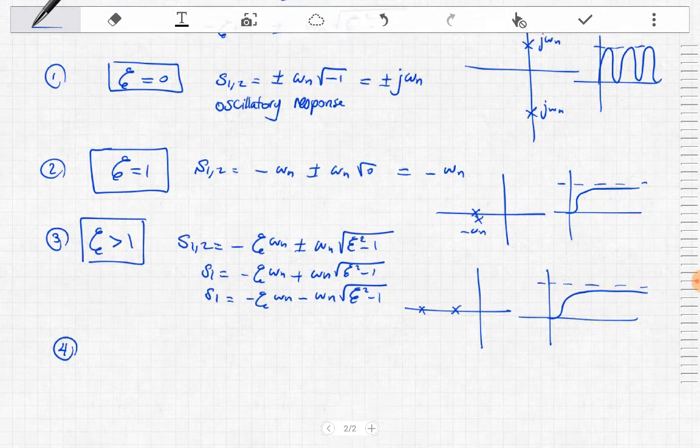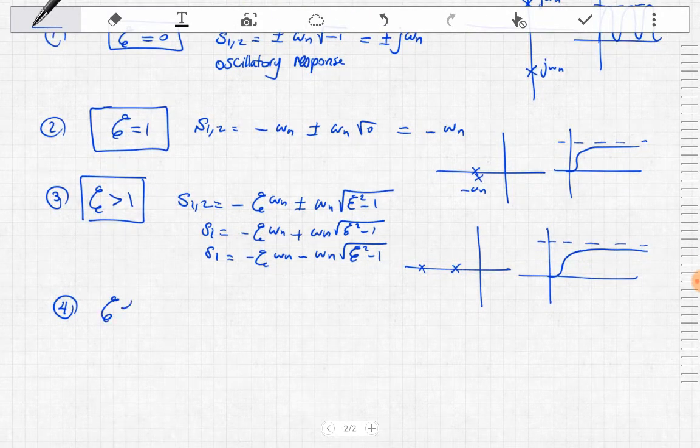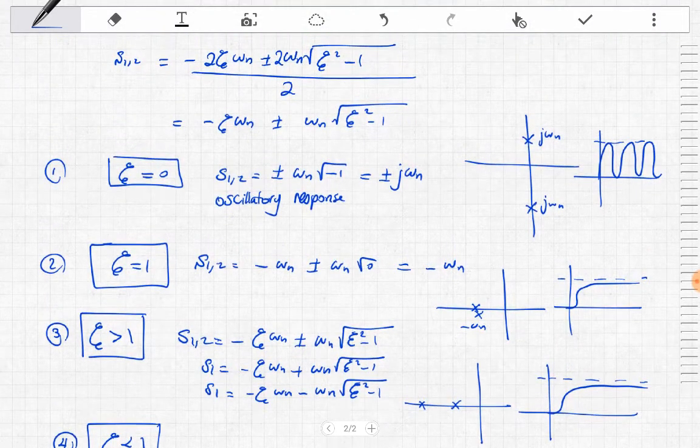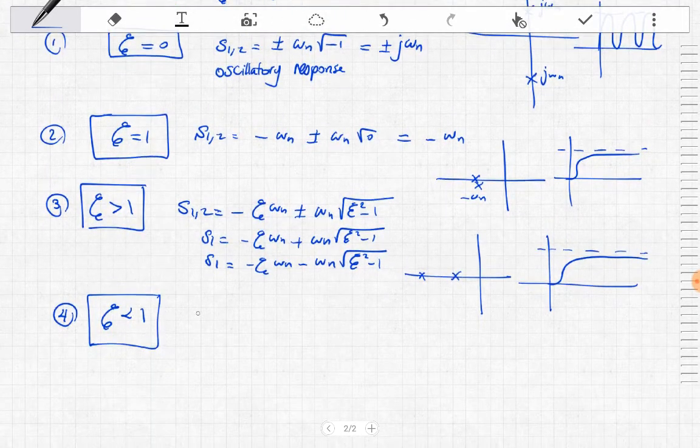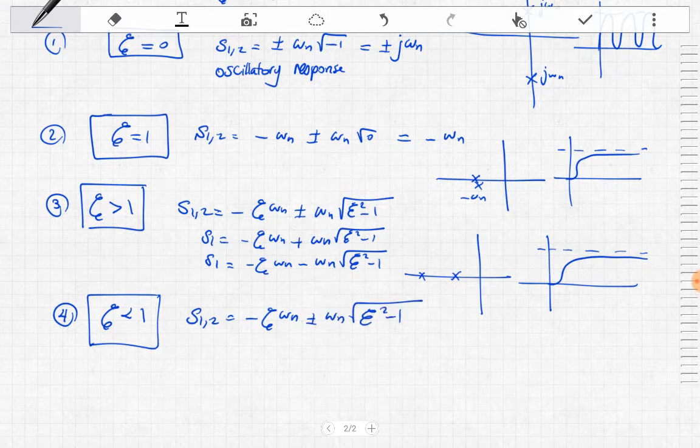Let's look at the last case. What happens when eta is less than 1? This is my equation: S1,2 equals minus eta omega n plus or minus omega n square root of eta square minus 1.